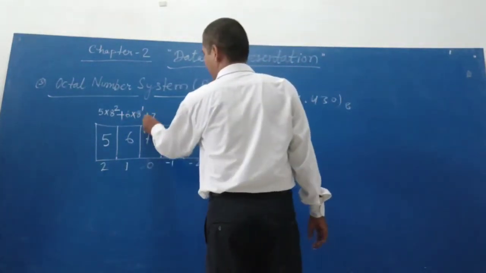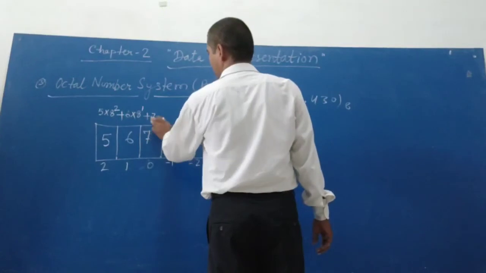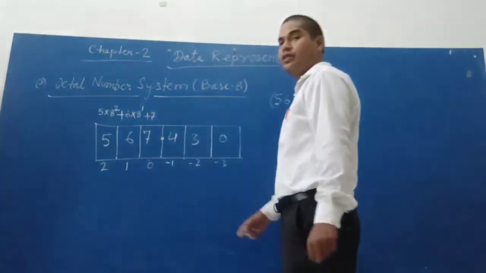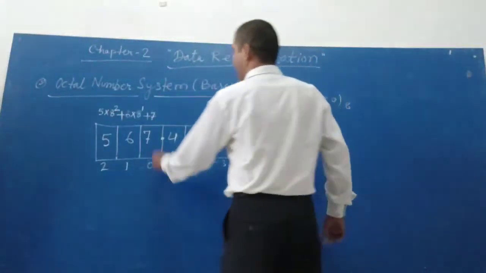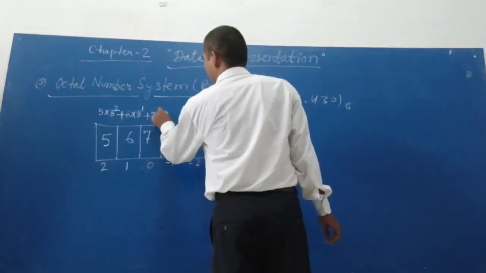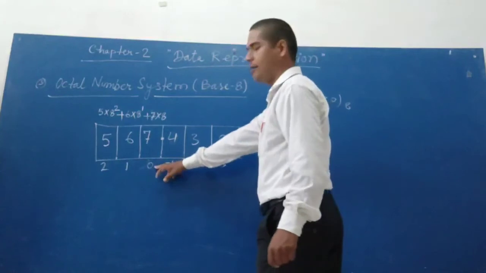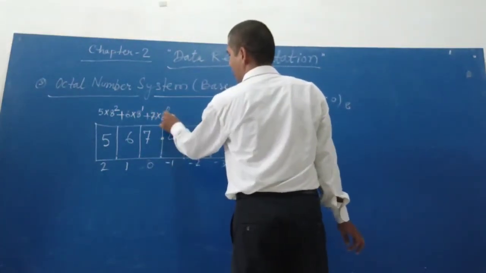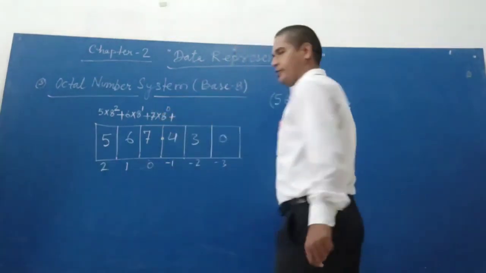The next digit is 7, the base is 8 and the position is 0, so the power is 0.